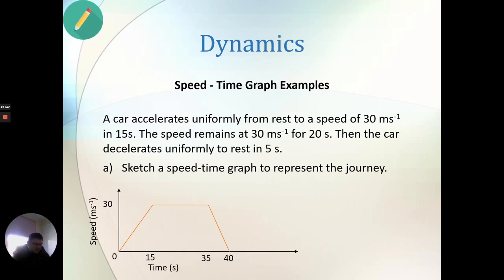It then stays at 30 meters per second for 20 seconds. That's going from 15 to 35, so that is a difference of 20 seconds. And then the car decelerates uniformly to rest in 5 seconds, which it does. So that is our graph. And sketching that would normally be worth 2 marks.